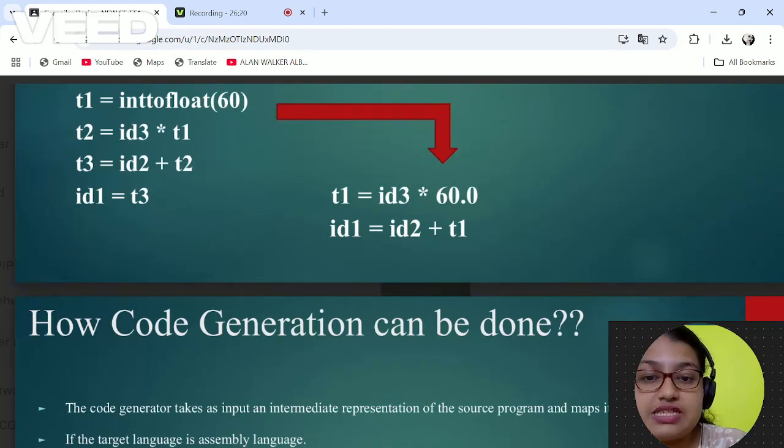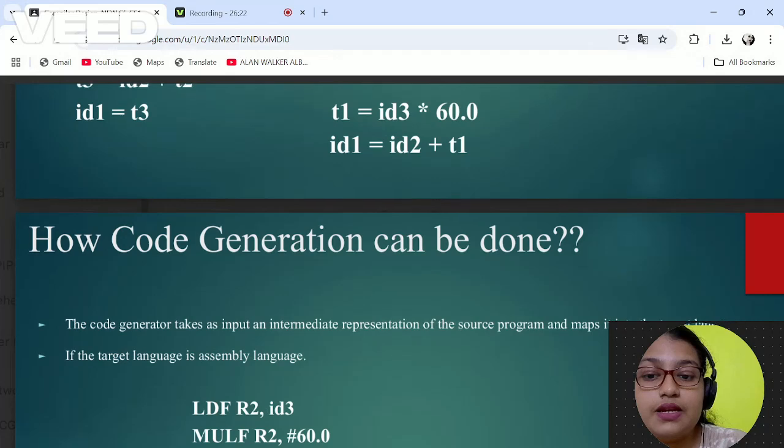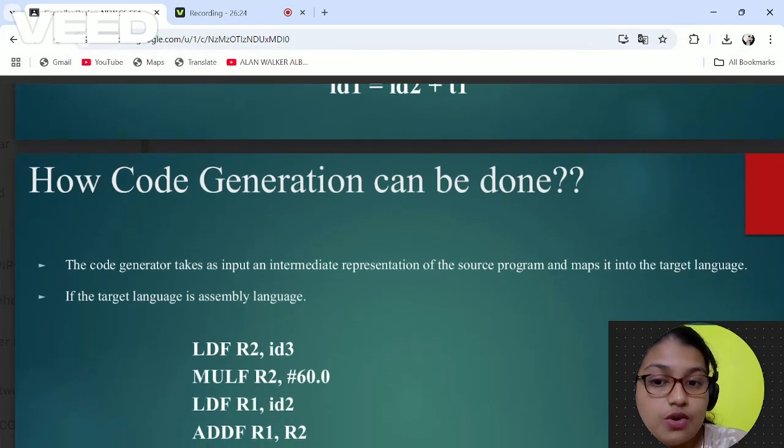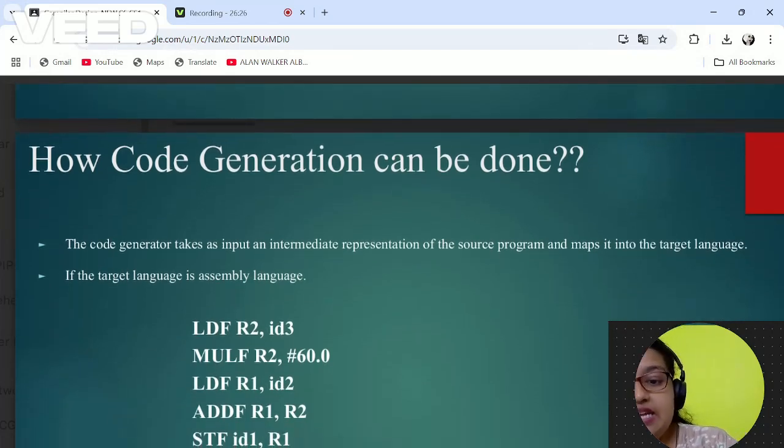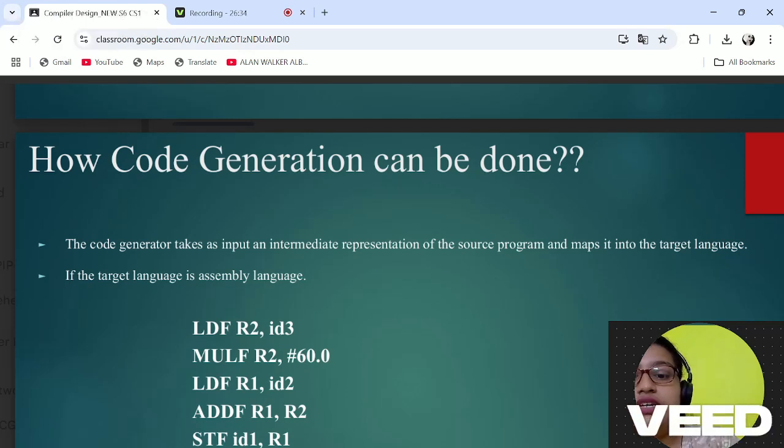I have to add. id2 is now in r1. So I'm adding r1 and r2, and by default the result is stored in r1. I have added r1 and r2, and the value is stored in r1.